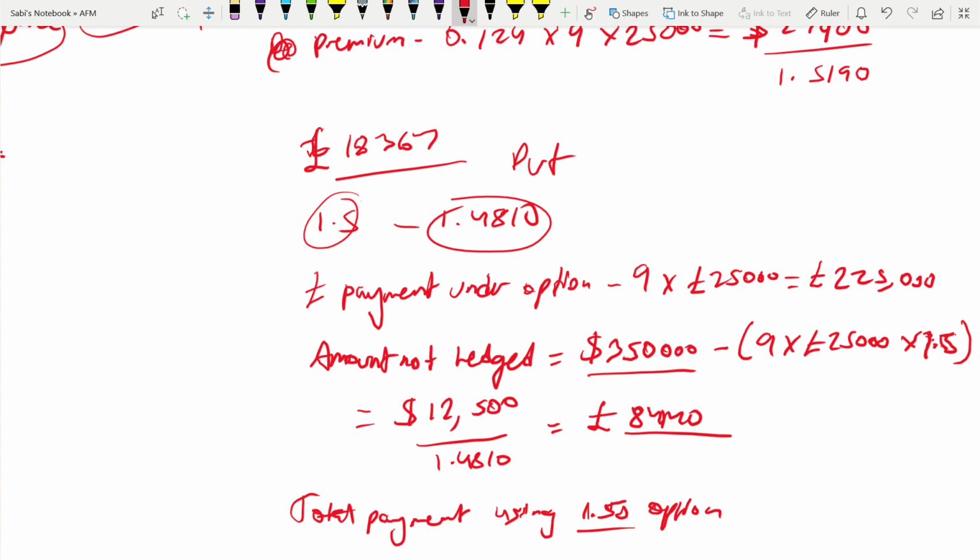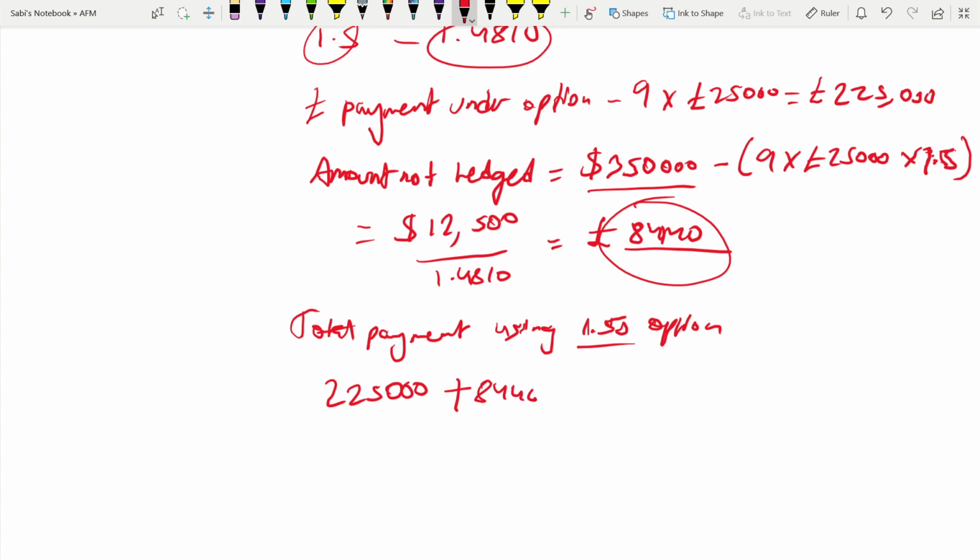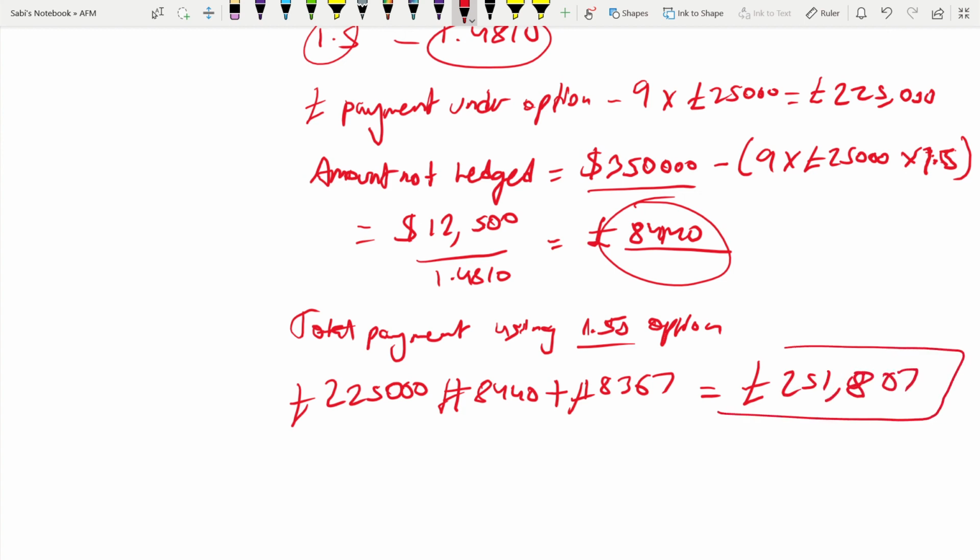What is the total payment? 225,000 plus this amount unhedged also will be there. The premium also will be added because it's a payment, 18,367. Make sure this is in pounds, this is in pounds, this is in pounds. All three have to be in pounds. If it is in dollars, first convert it into pounds. And finally the answer is 251,807. This is the total cost using option.